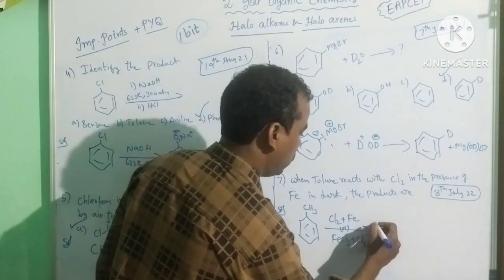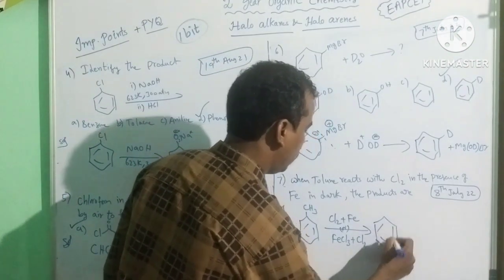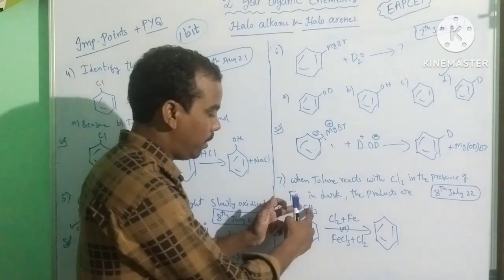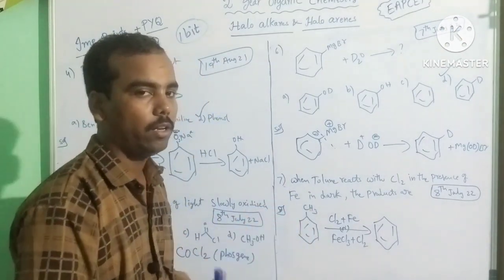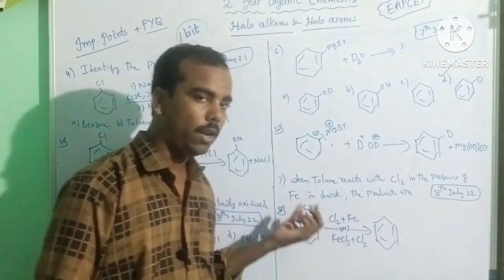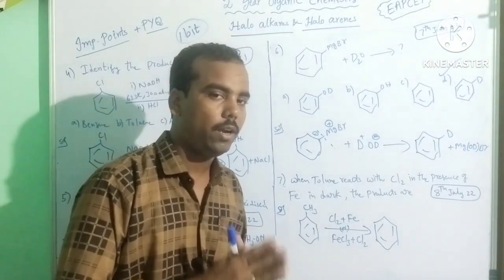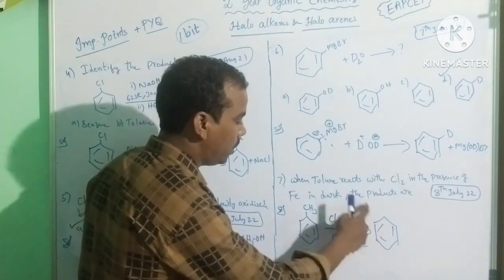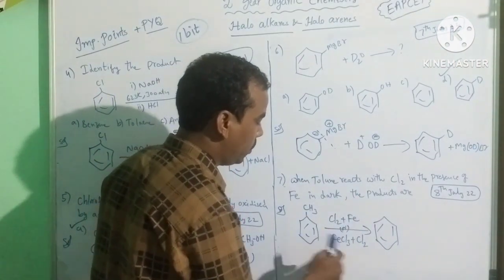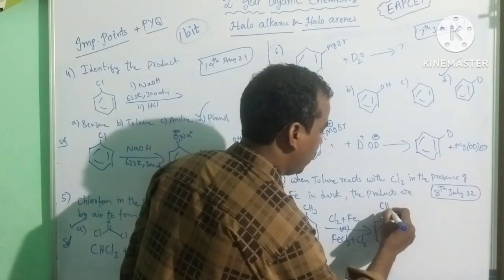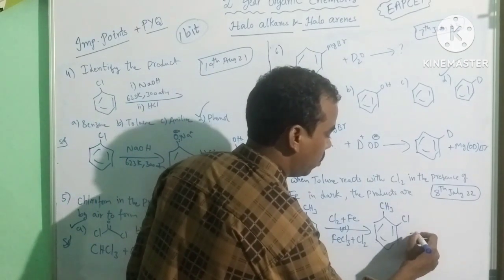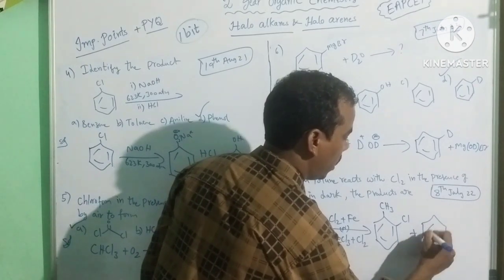If methyl benzene is present, methyl is an ortho-para directing group. Methyl is an alkyl group, and alkyl groups are ortho and para directing groups. So chlorine is substituted at the ortho position and para position. Methyl is already present, with one chlorine at the ortho position and one chlorine at the para position.